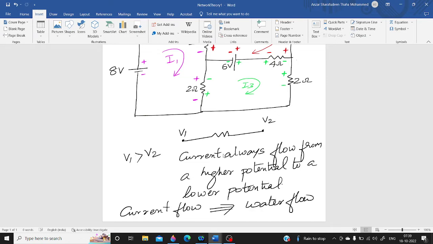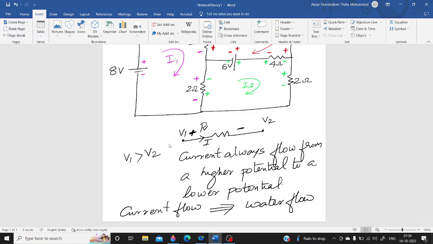Suppose the resistor is R and the current is I, flowing in this direction. There is always a decrease in potential. This potential is positive because V1 is at higher potential and this potential is negative.